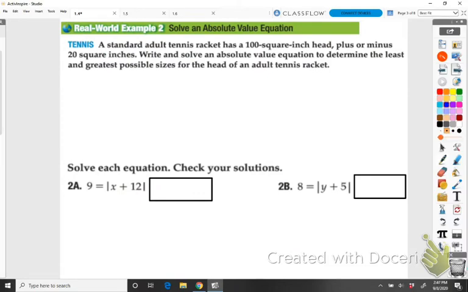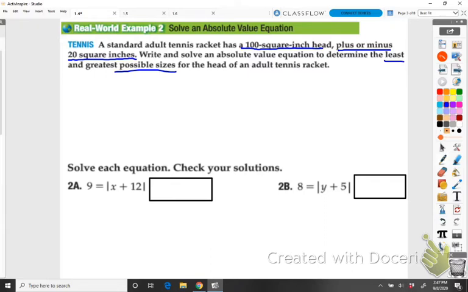All right, so here's a real-life application. We have a tennis racket that has a 100 square inch head on it, plus or minus 20 square inches. Write and solve an absolute value equation to determine the least and greatest possible sizes for this tennis racket. You could solve this just by problem solving.